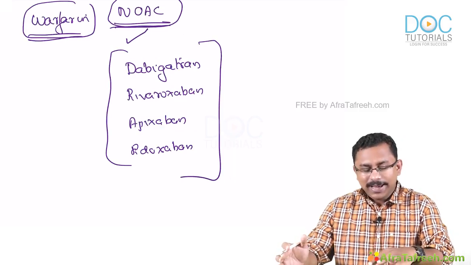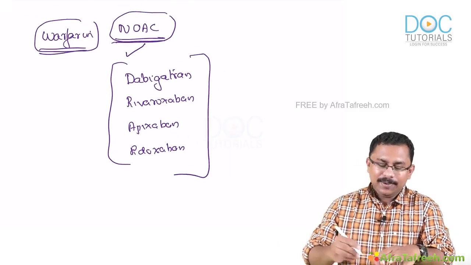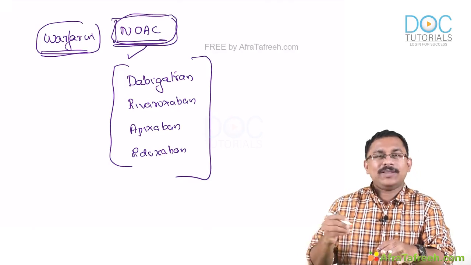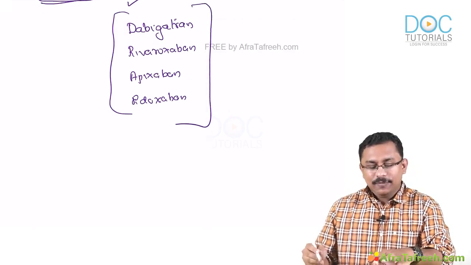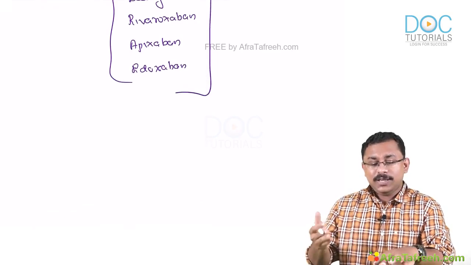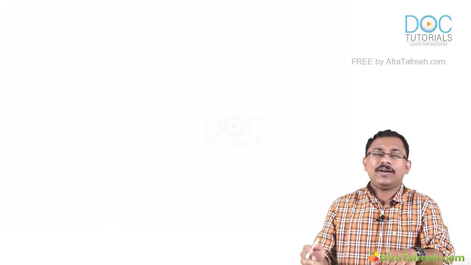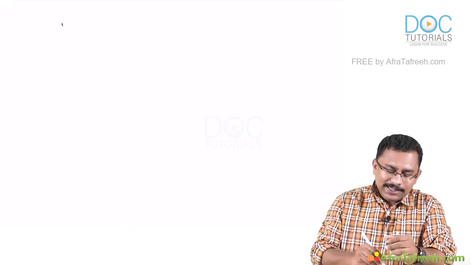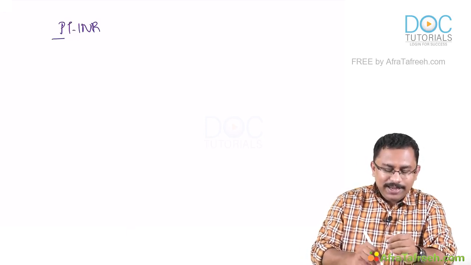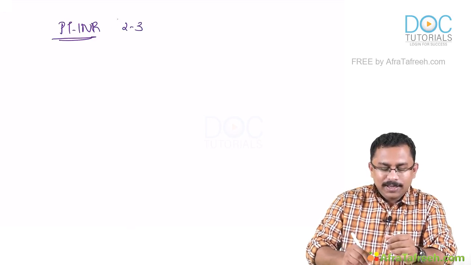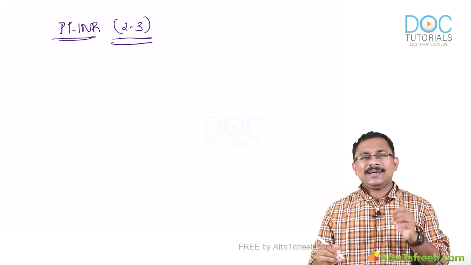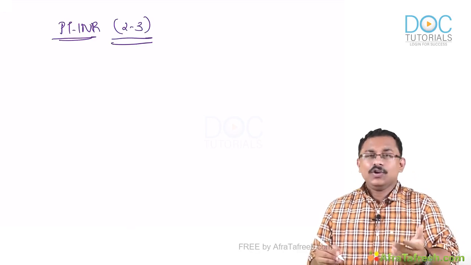So remember that the NOACs are more preferred over warfarin. But you can go for warfarin also, because in many scenarios, sometimes cost problems may be there, and you will have to go for warfarin. The target PT INR would be to maintain it between 2 and 3.